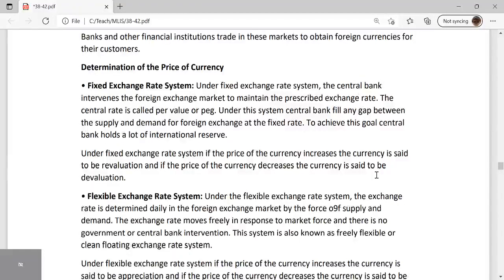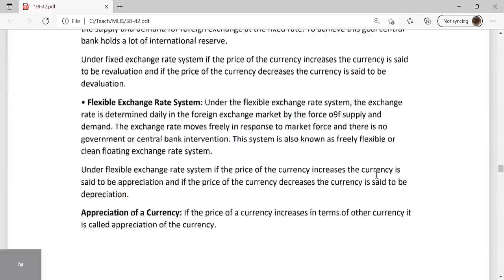Okay, next we have the flexible exchange rate system. The flexible exchange rate system is basically done with the help of the forces of demand and supply, like we discussed before. Under the flexible exchange rate system, the exchange rate is determined daily in the foreign exchange market by the forces of supply and demand.